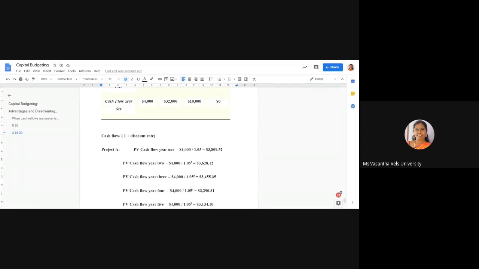Discount rate is nothing but your cost of capital only.